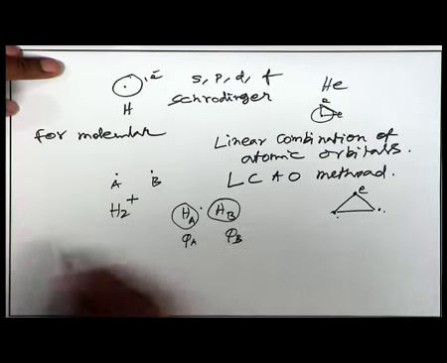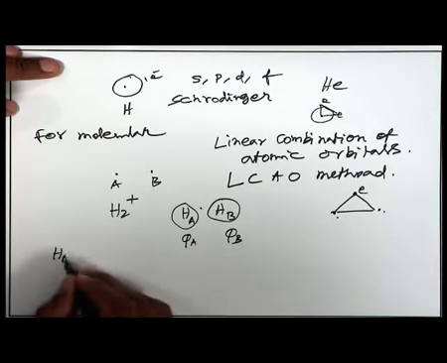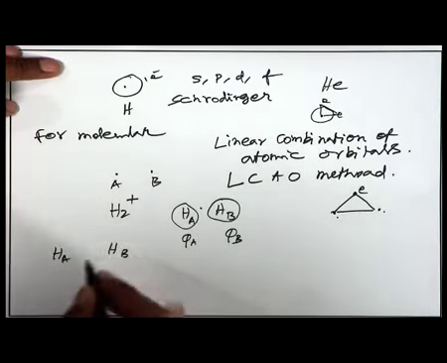So, you have 2 hydrogen atoms, A and B, and there is 1 electron.